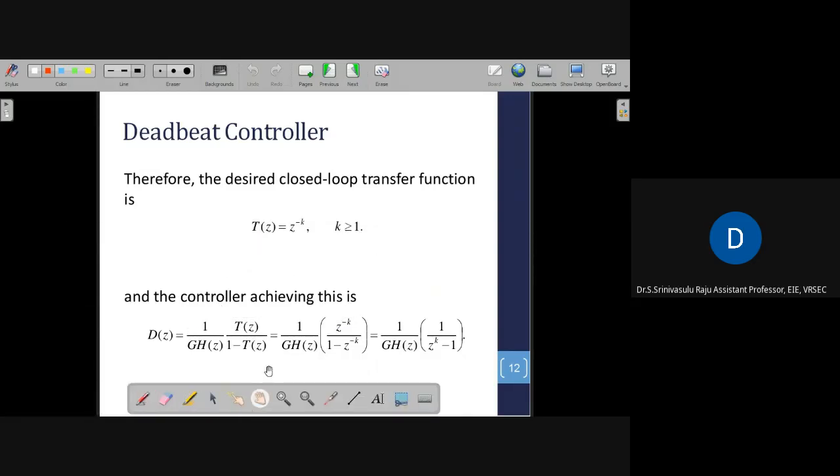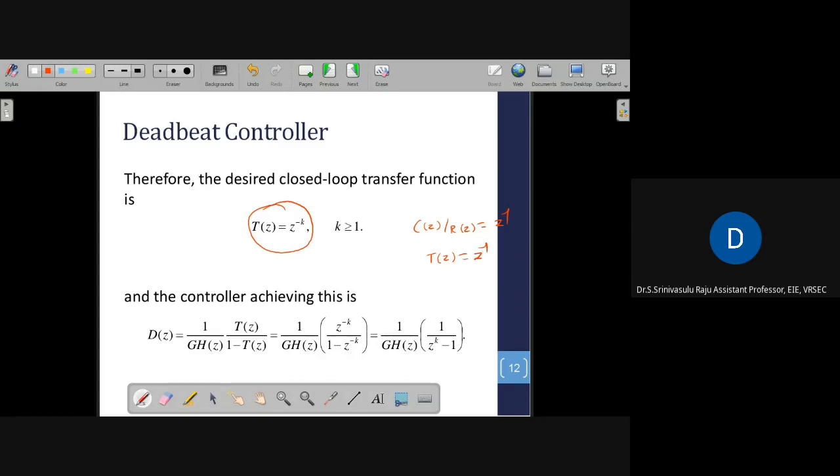From the above example, we come to the picture T of z equal to z to the power minus k. But the deadbeat algorithm is different from the deadbeat controller; people should understand the difference between algorithm and controller. We know C of z by R of z is nothing but T of z, z inverse.